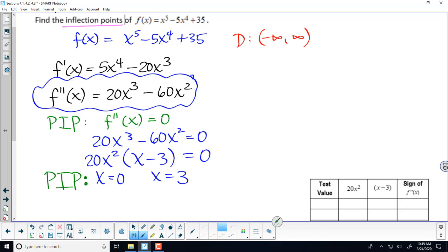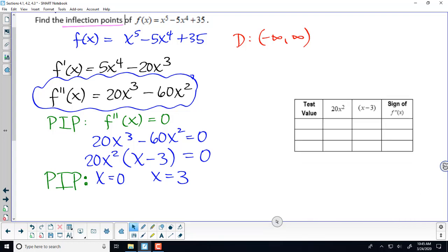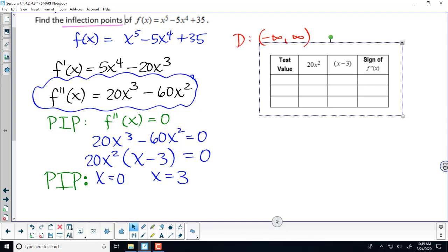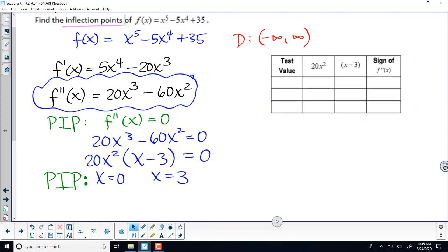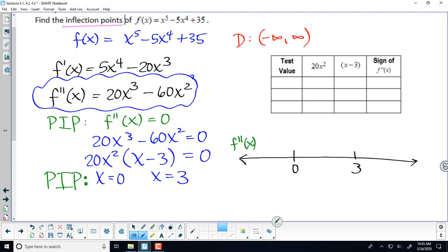I don't know if it's a point on the graph where the concavity changes. So I do a similar test to the first derivative test, but it's not called anything special. It's a check for concavity, I would say. So we'll do our number line, and we've got 0 and 3. We're checking the second derivative because we're looking for concavity and inflection points.